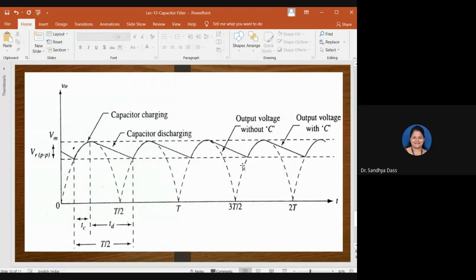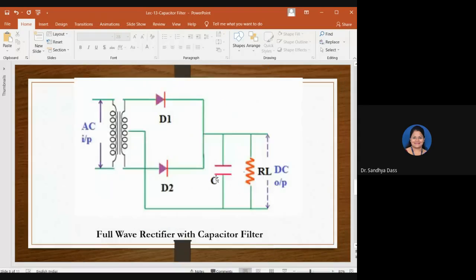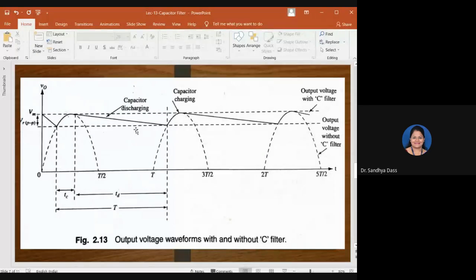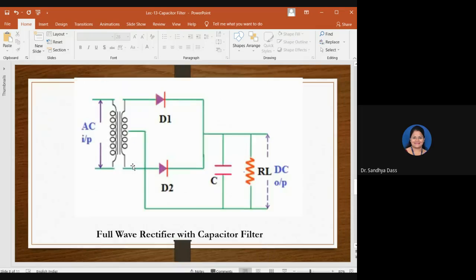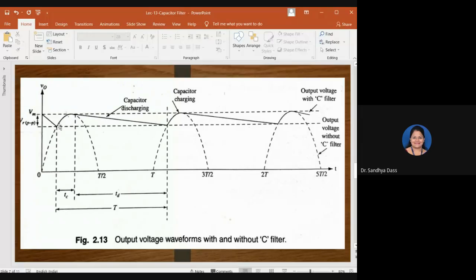Now observe the output here. In both cases, whether it is the half wave rectifier with filter or the full wave rectifier with filter, the time duration for charging of the capacitor is comparatively less compared to discharging of the capacitor.